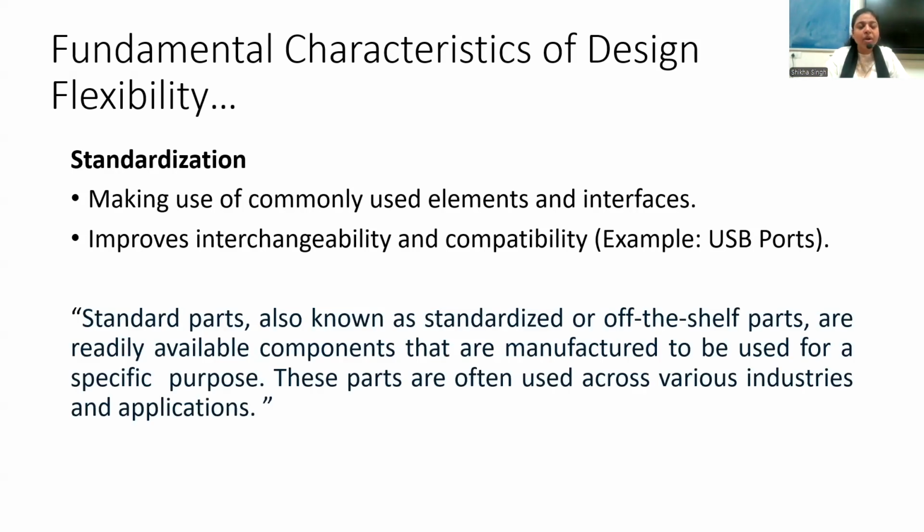So that is one very good example of standardization. So this is one very important definition of standard parts. Standard parts are also known as standardized or off-the-shelf parts, which are readily available components that are manufactured to be used for a specific purpose. These parts are usually used across multiple industries and applications.